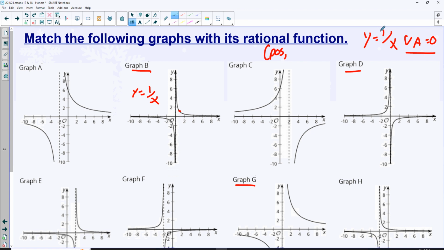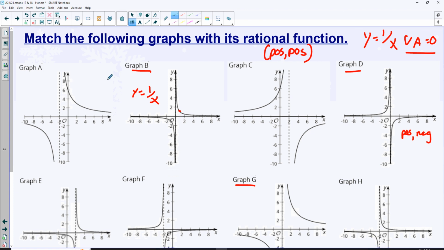I'll get a reciprocal, but it will also be positive. And if I plug in a negative number, it's going to give me a negative. So this point here, a positive number on this graph is giving me a negative answer. So I know that's not going to match here. So D is not right.